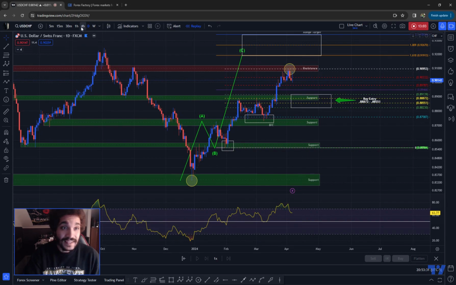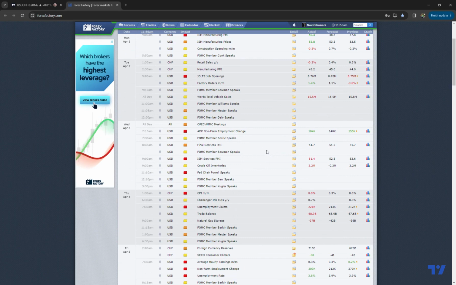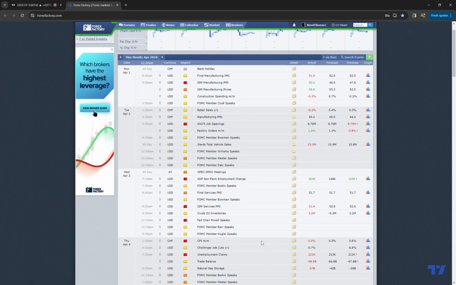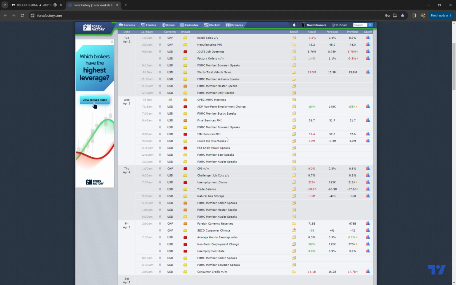So far it has. Last week was kind of a big rocker, right? We had manufacturing come out very well for the United States dollar, but since the United States is more of a services-based country than a manufacturing one, services is the heavier hitting news event, which ended up being its undoing for the week, coming in lower than forecasted.